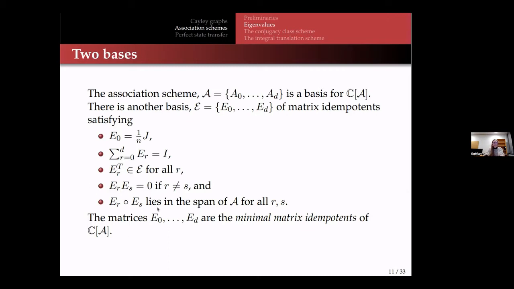And then the Schur product, which is the entry-wise product of the matrices, of any two of these lies in the Bose-Mesner algebra. And then these matrices E0 to ED are going to be called the minimal matrix idempotents of our Bose-Mesner algebra.